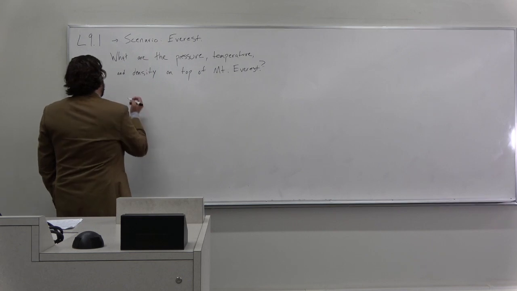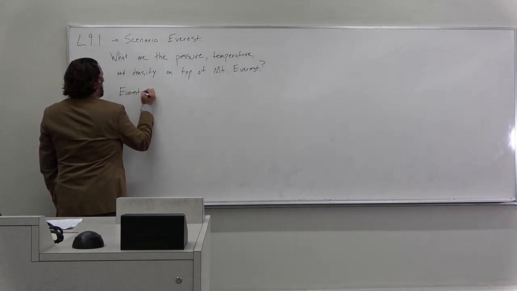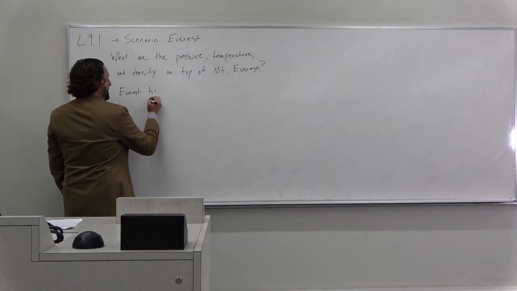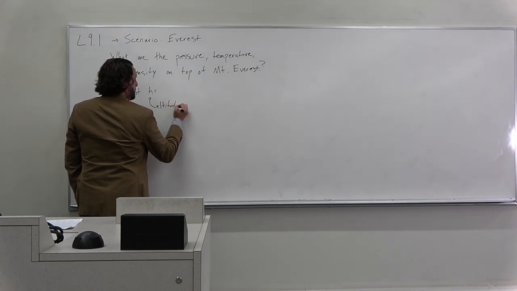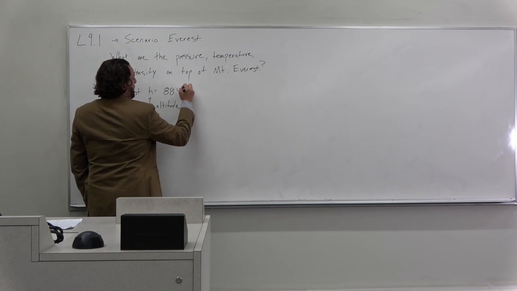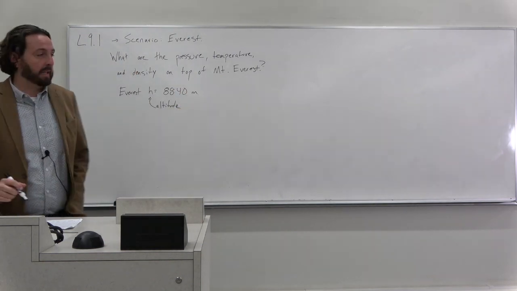So the first thing we need to know is Everest's altitude, which we're going to describe as h. This is going to be our altitude, which is 8,840 meters above sea level.